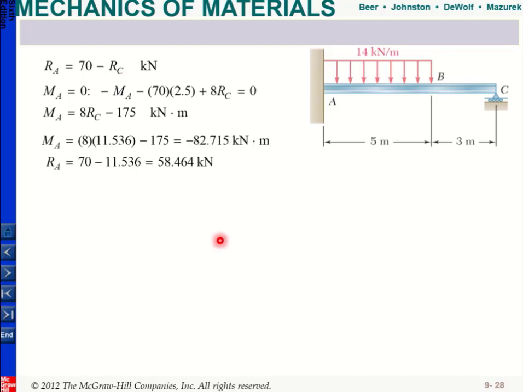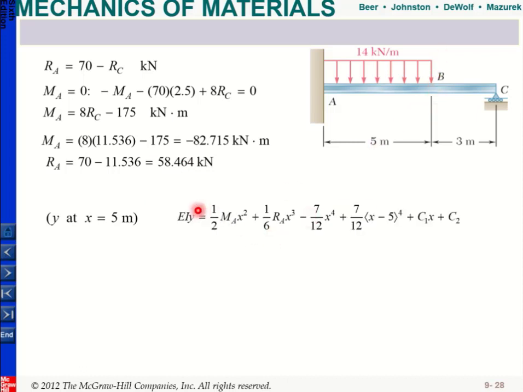All right. So with this, I find my moment at A, and I can find my force at A. After I get this, the rest is just applying the equation. It was also asking what is the deflection at point B. This is our deflection equation.